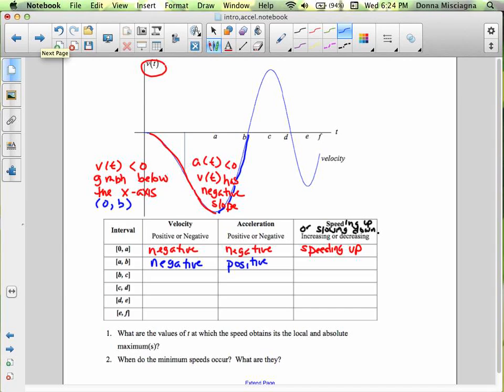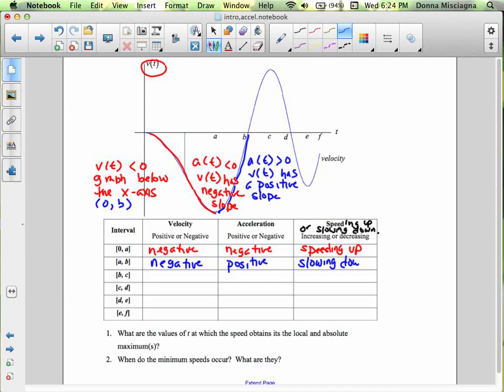And we can tell that a of t is greater than 0 because v of t has a positive slope. And so we are slowing down.